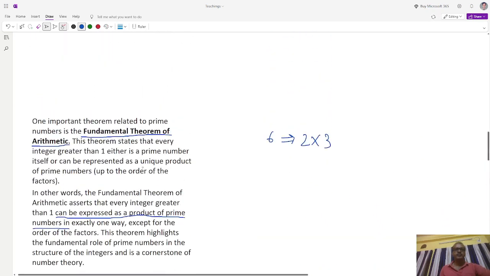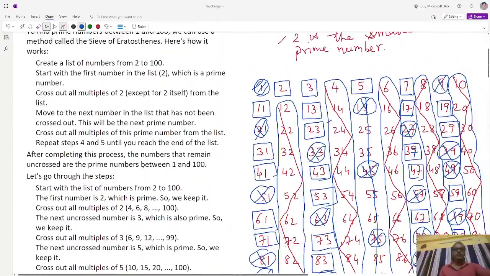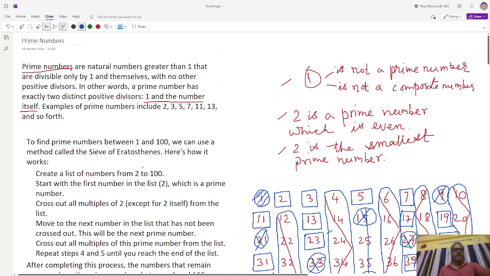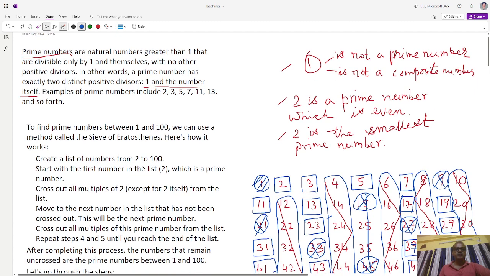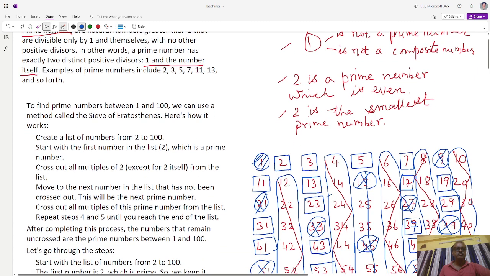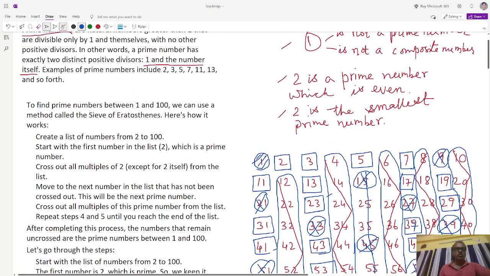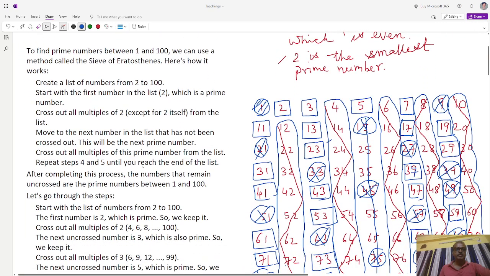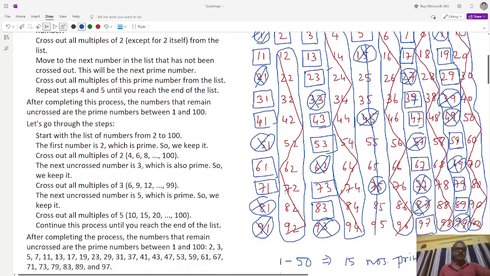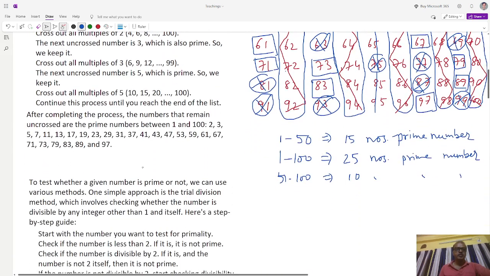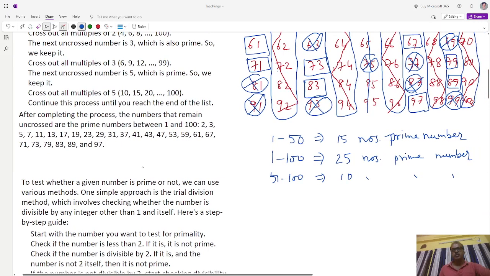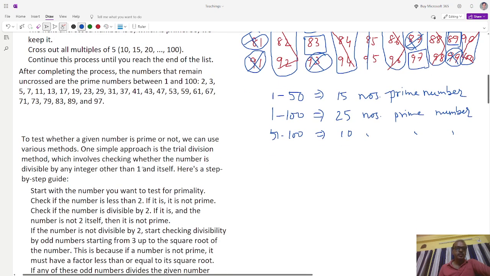So in this video, we have seen what is a prime number, how we find the prime numbers in between 1 and 100, how many prime numbers are within 1 to 50 and 1 to 100, and we noted that the distribution of prime numbers is not even.